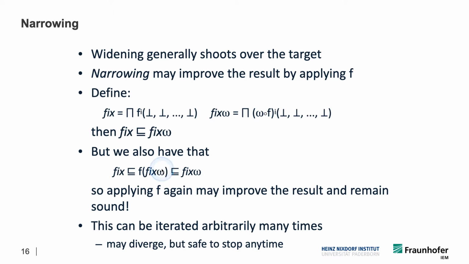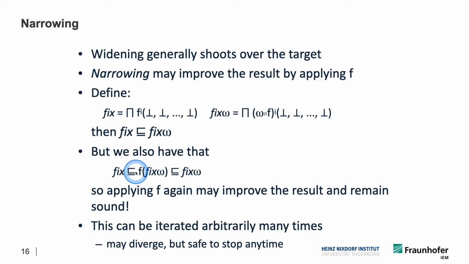And you can actually apply this an arbitrary number of times. And this may actually diverge. So it means by applying f again, we do not necessarily have any guarantee that this ever terminates. So you could be doing this indefinitely. But the point is you can stop at any time because you're always guaranteed to be in between these two values.